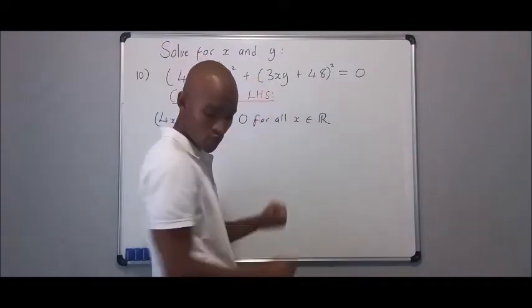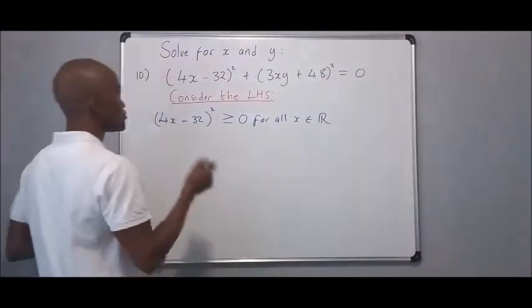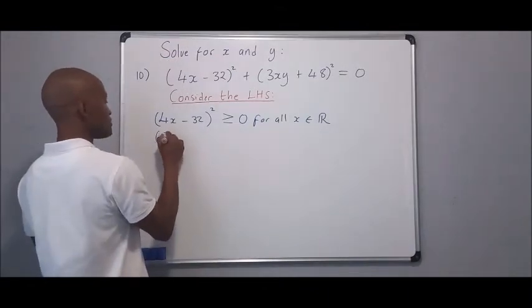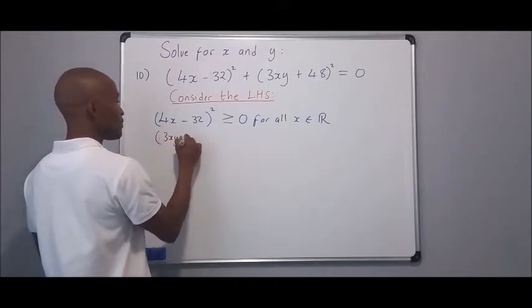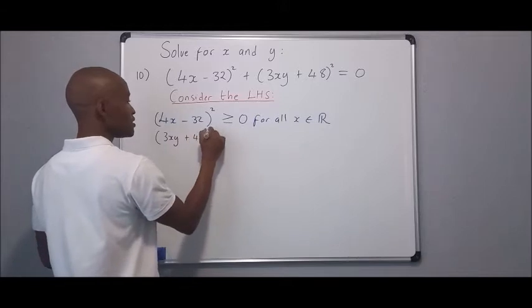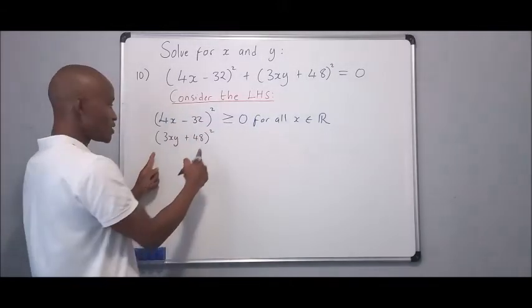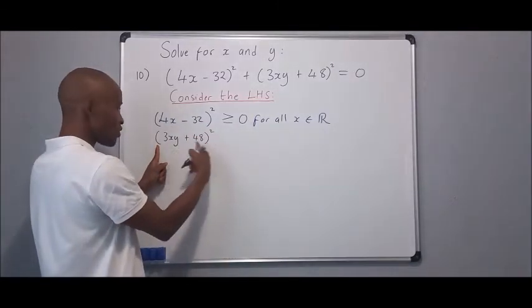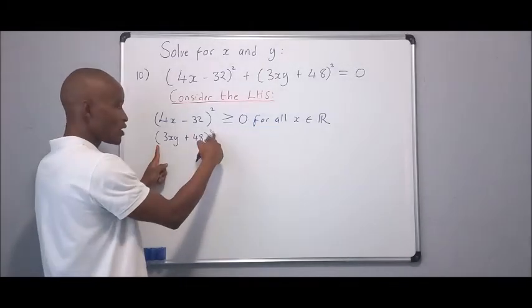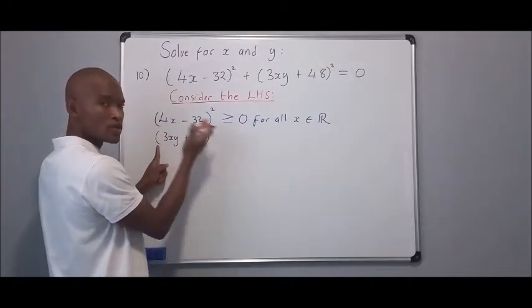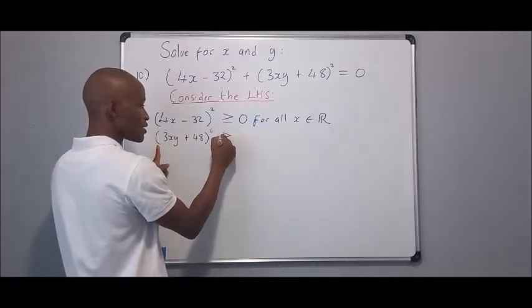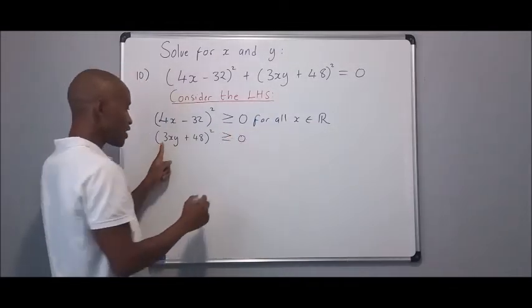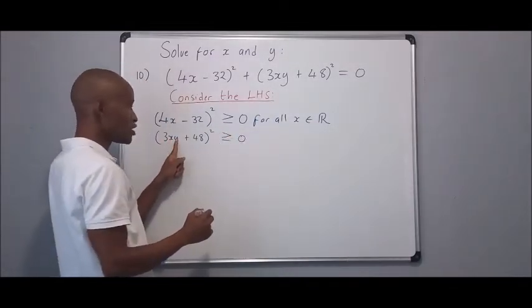Look at the next part. We have this as well. I'm going to use purple for that. We have (3xy plus 48) squared. Again, the base here is 3xy plus 48, and we're squaring it. With the same reasoning, we can write that this is greater than or equal to 0. But how many variables do we see there? There are 2.